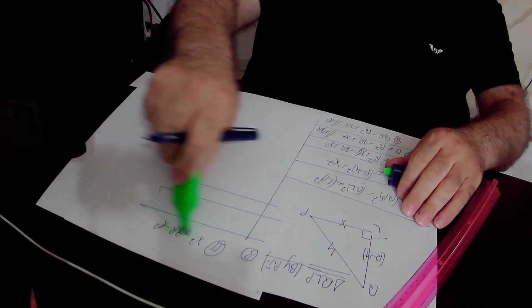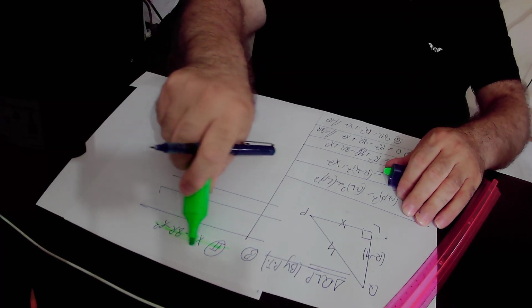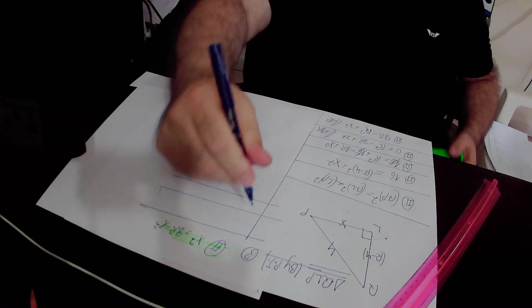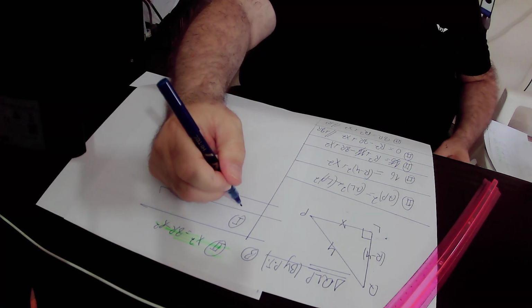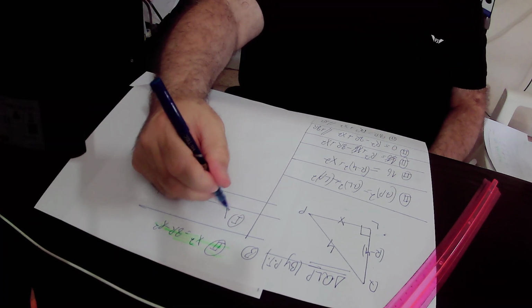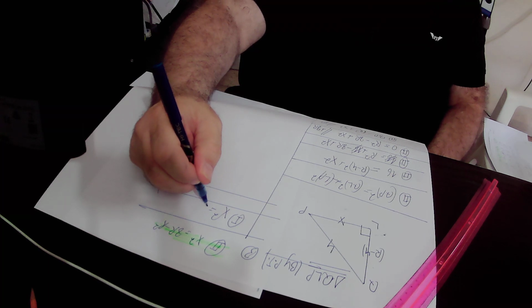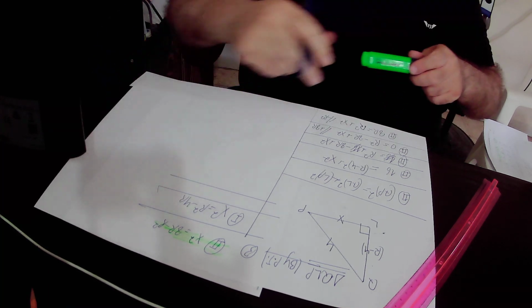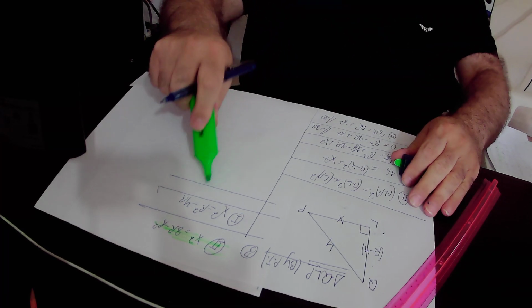So according to equation number 2, X squared equals 8R minus R squared. But according to equation number 1, we have already found out that X squared equals R squared minus 4R. So we have two different expressions for X squared.